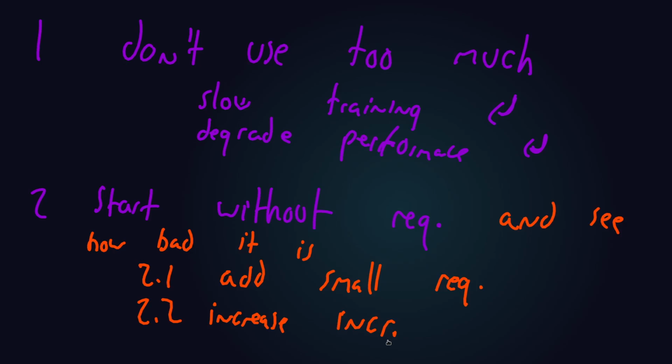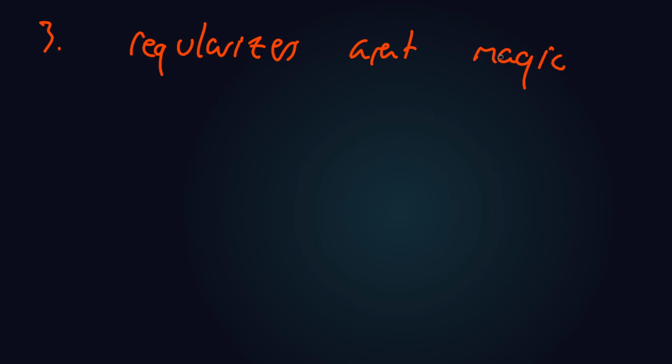So, okay. Point 3 is regularizers aren't magical. I have seen people just try to throw more and more regularization at a problem or at a model when the problem is they just don't have enough data, period. Okay?